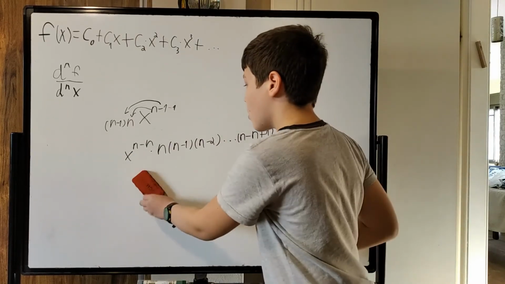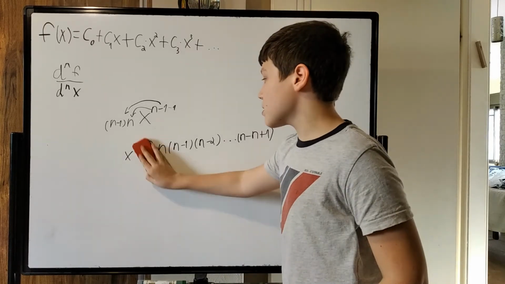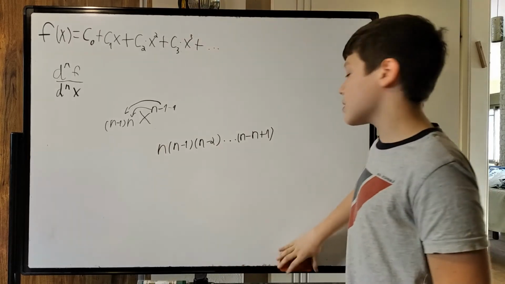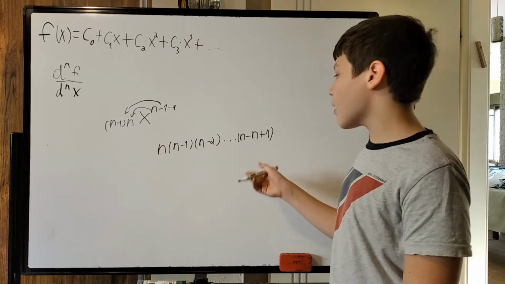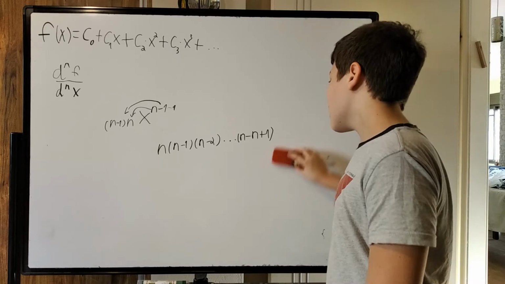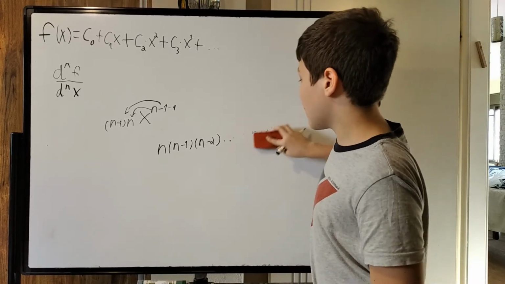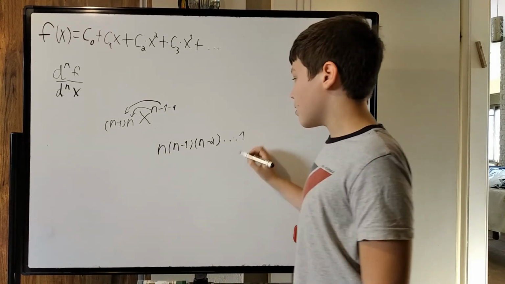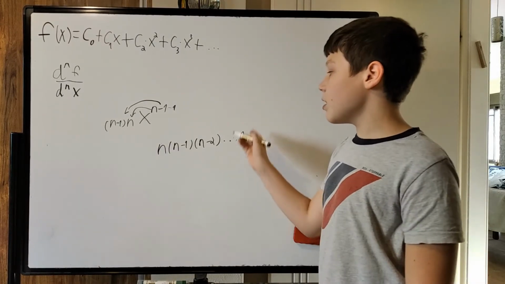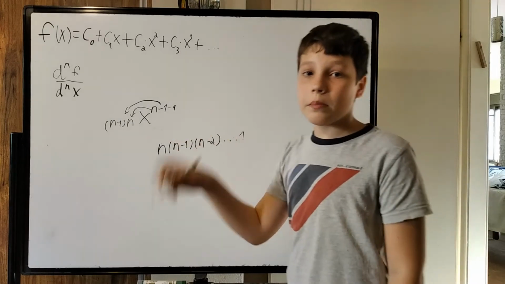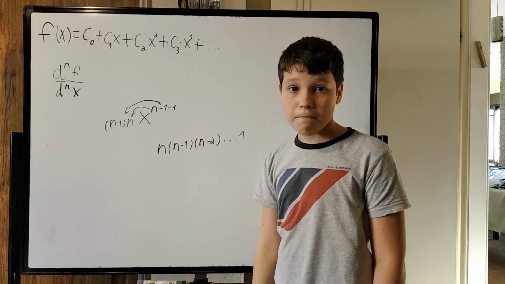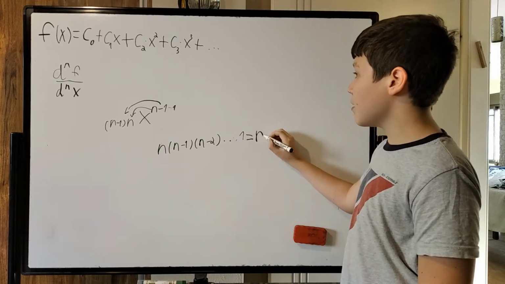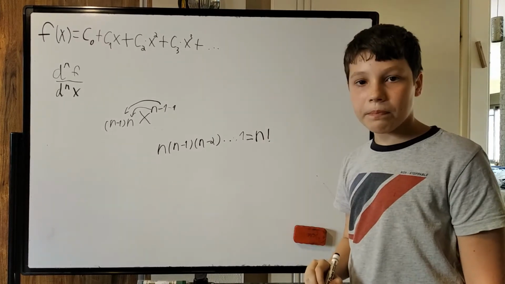So this is 1 multiplied by everything else. We can ignore that, so we can erase this. It's just 1, doesn't affect the answer. And then we'll end up multiplying until 1. So 1 times 2 times 3, all the way up to n minus 1 times n. Does that look familiar? It's the definition of n factorial.